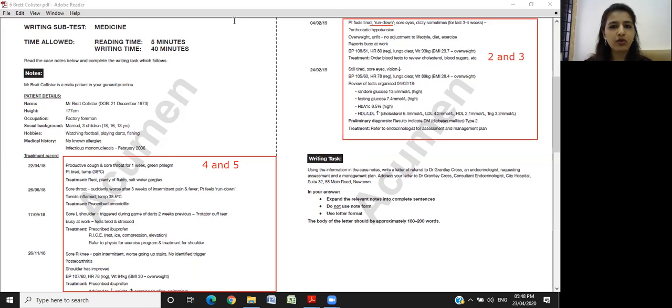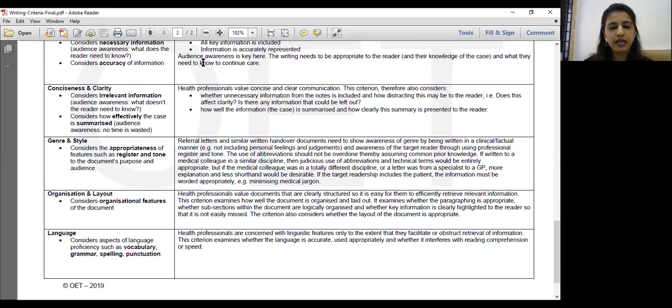Now again, let me explain why it is important for us to plan this with the help of evaluation criteria. So see here, the evaluation criteria, we looked at conciseness, clarity. Now look at organization and layout. So what is it saying?